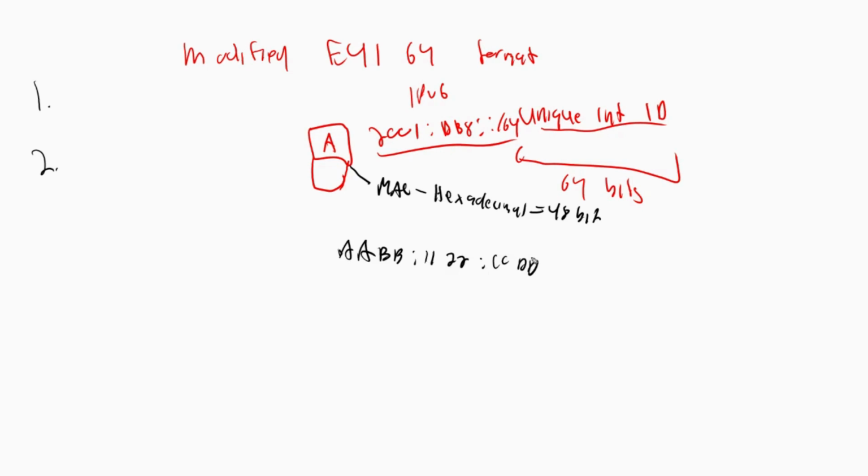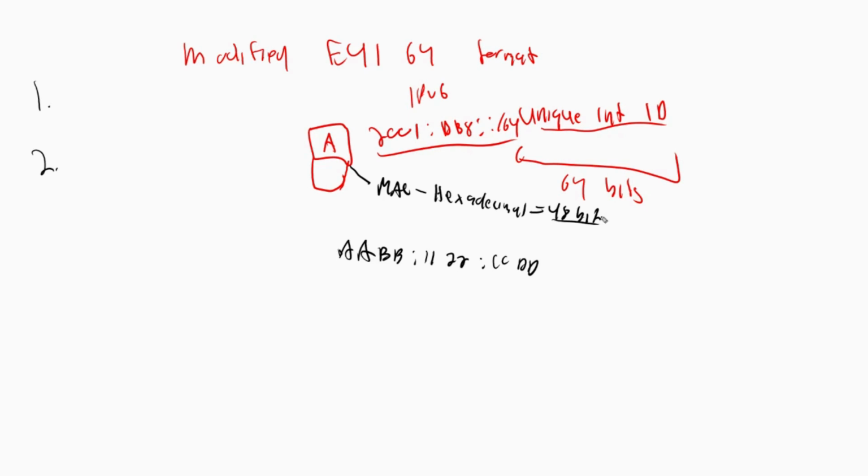So step one of the EUI-64 format is you're going to convert this MAC address into your unique interface ID. Now you may be saying, whoa, hold up, man. That's only 48 bits. We're missing about 16 bits of address that we need to make up a full IPv6 address. Well, I got you.